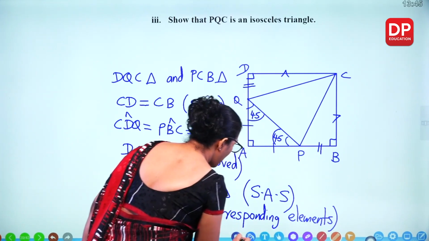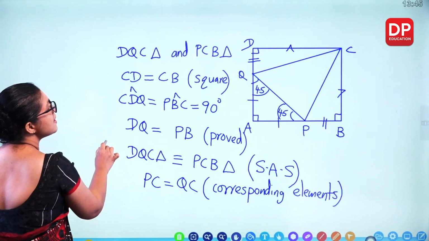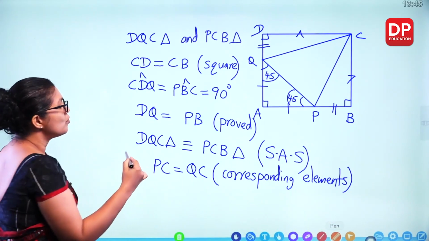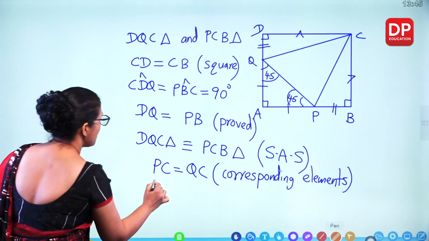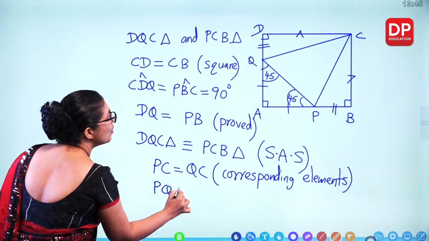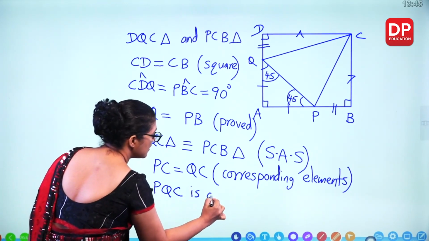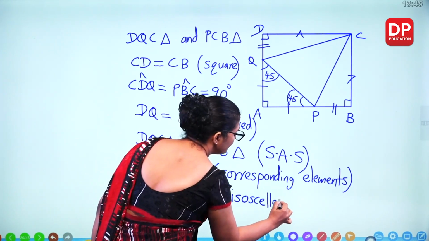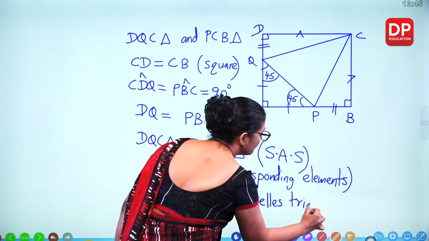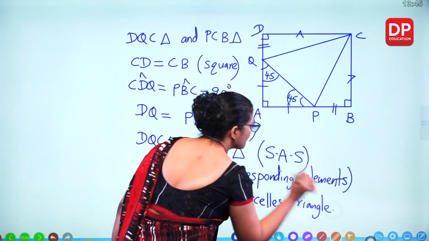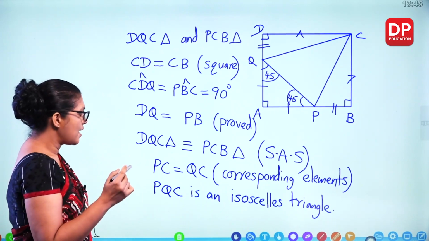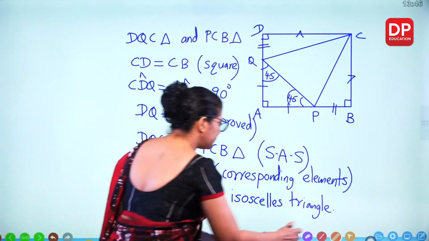So 2 lengths are equal in the CPQ triangle. So 2 lengths are equal means PQC is an isosceles triangle. So that's the proof.